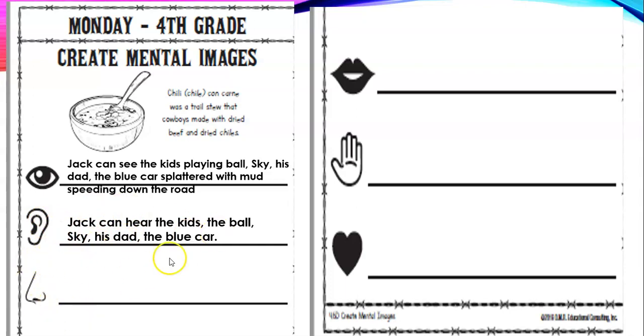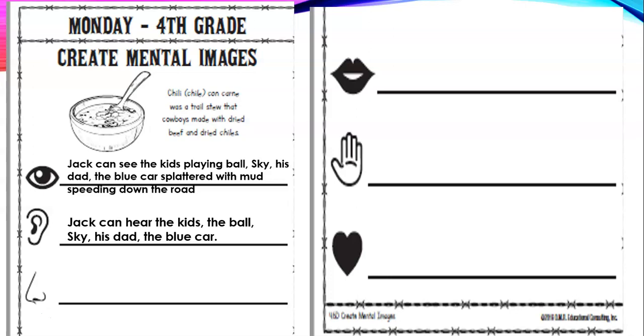What about for smell, boys and girls? What can he smell? So as a good reader, I'm going to give you another minute to go back, make sure that you're reading that. Great job to everybody that's going back and rereading.